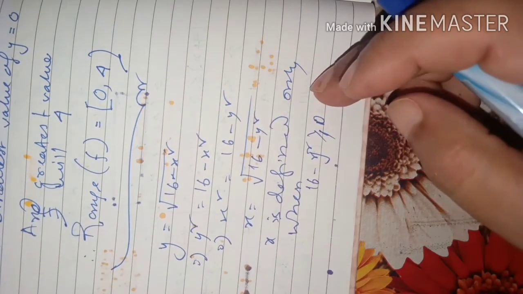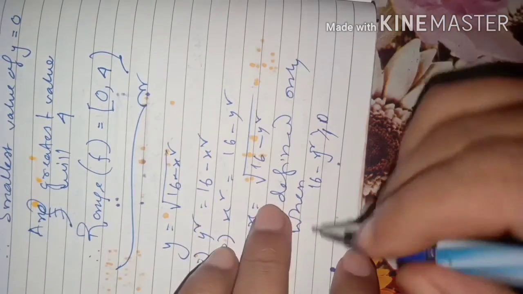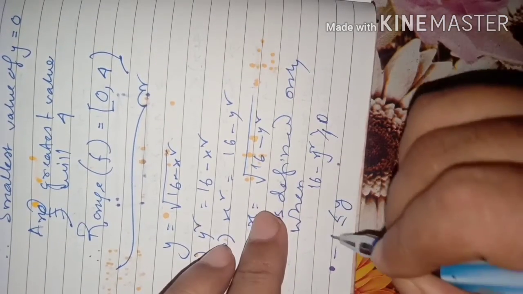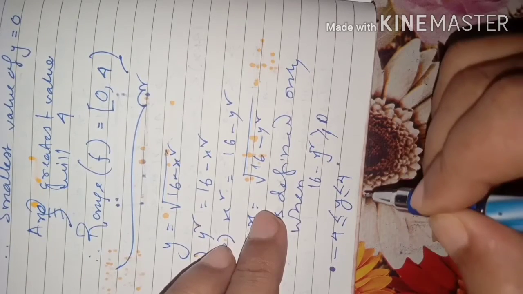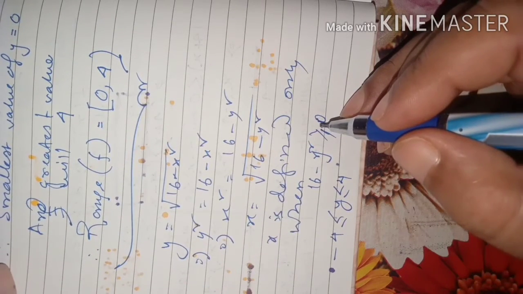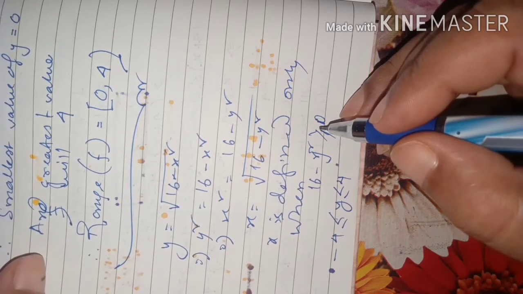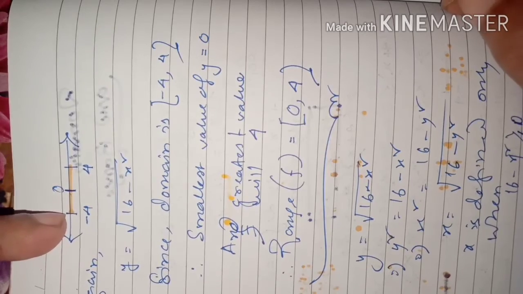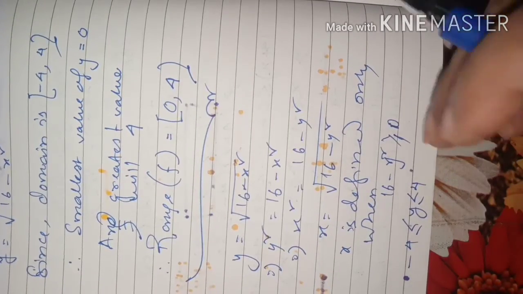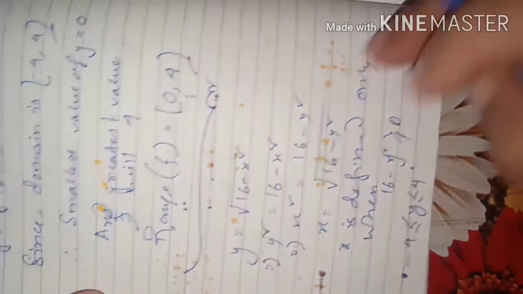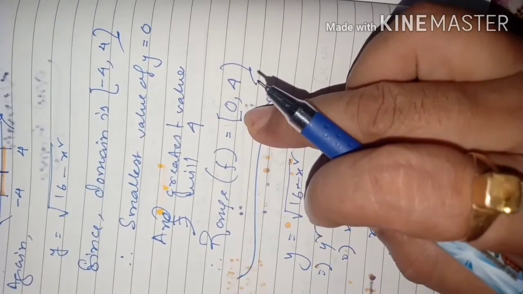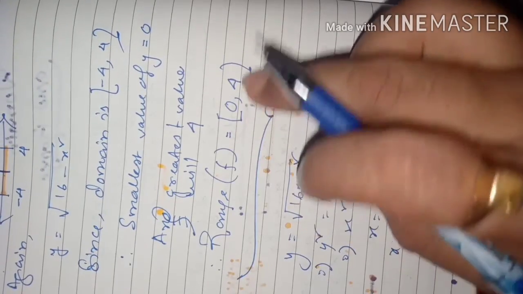But since the starting value of the domain of x is minus 4 and the greatest value is plus 4, the lowest value of y will be 0. That's why the range will be 0 to 4.